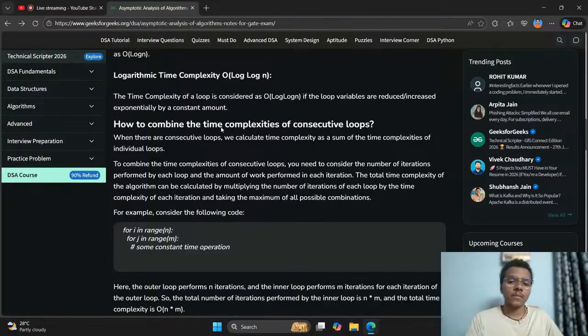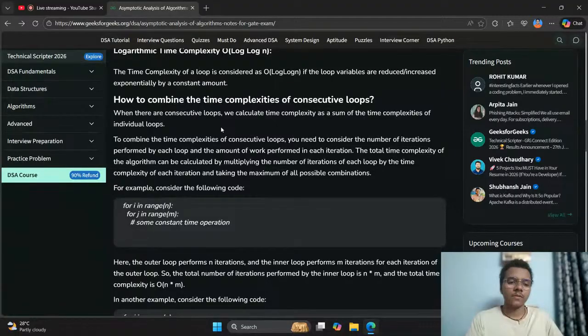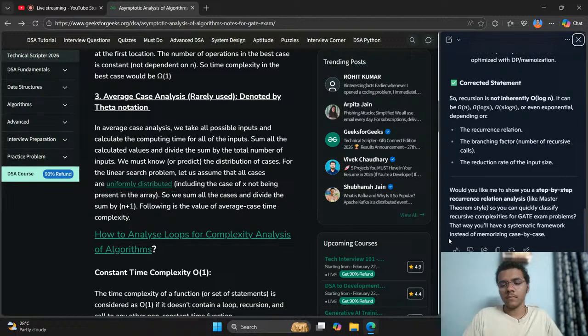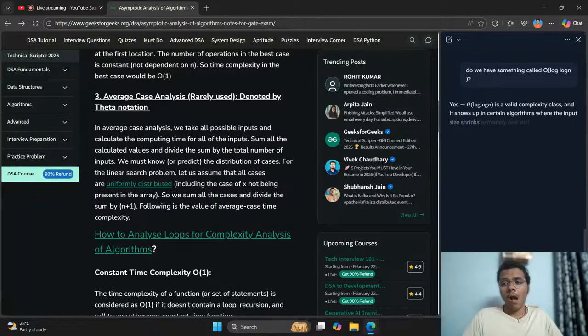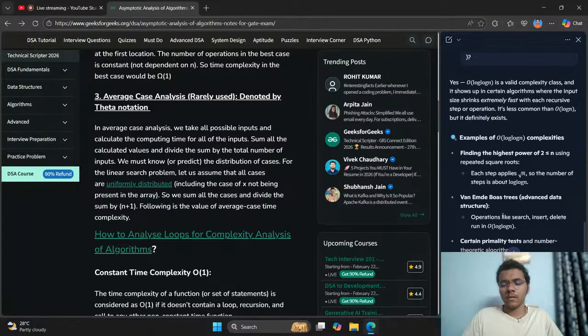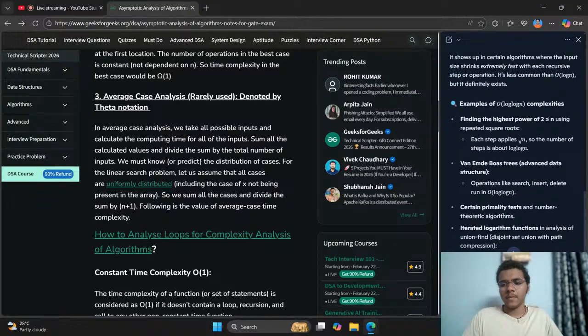How to combine the time complexities of consecutive loops? Do we have something called... okay, okay, finding the highest power of two. Van Emde Boas trees.